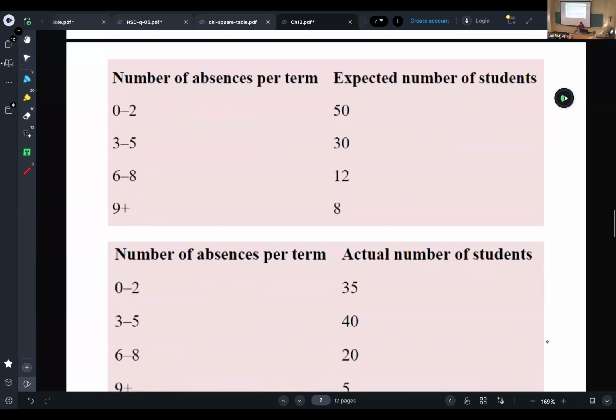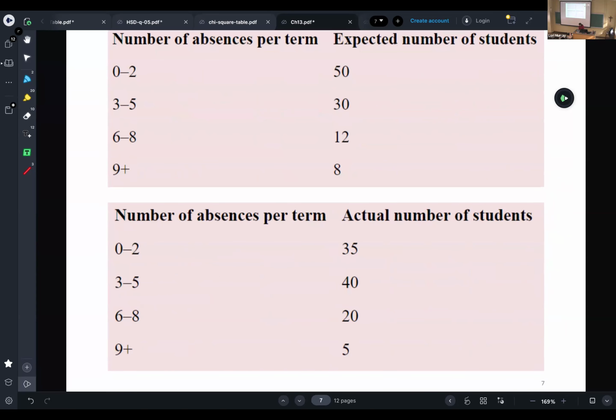Okay. Data is then collected. This is the actual, and we're going to ask, okay, what happened here? The observed data is collected by the faculty.